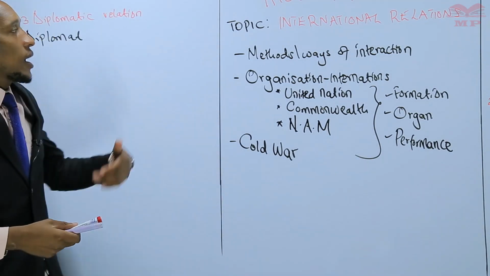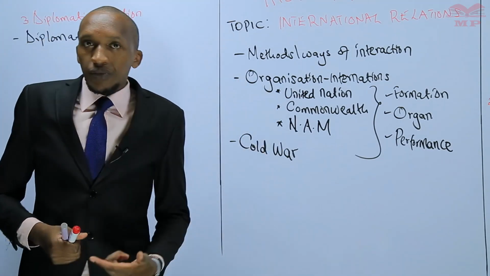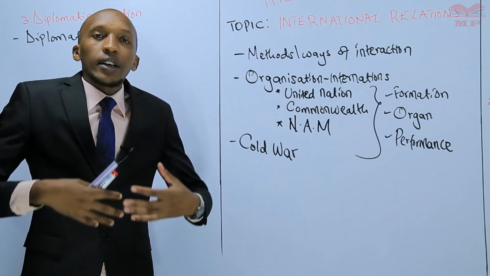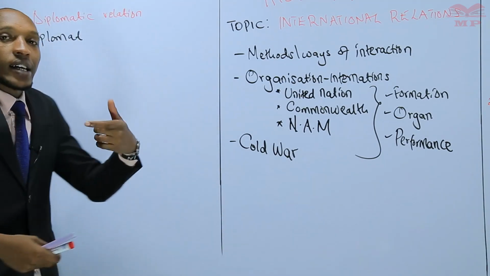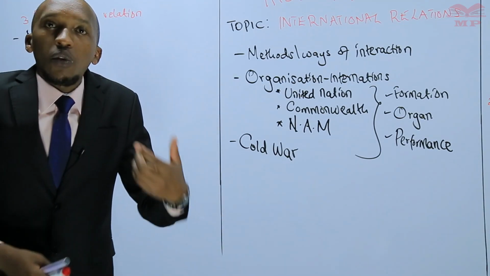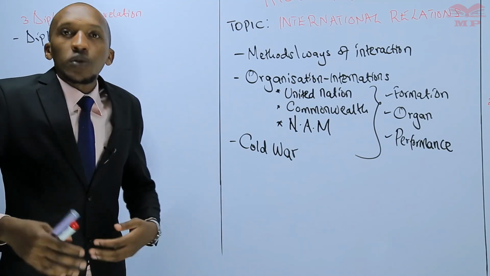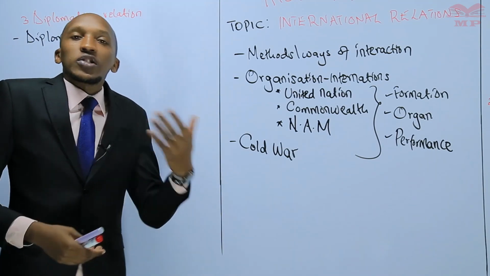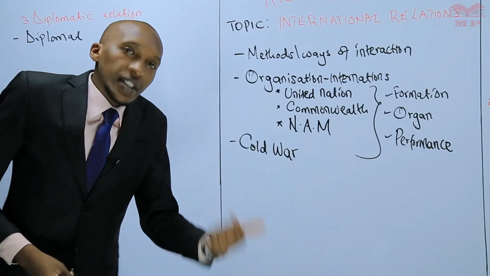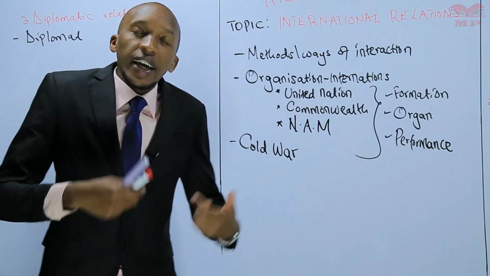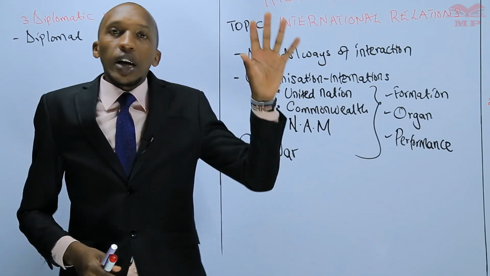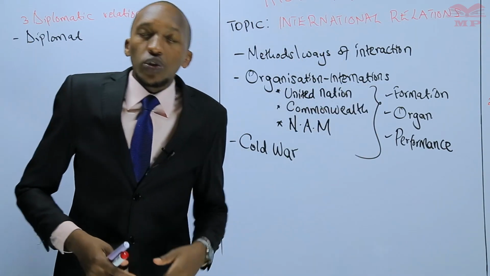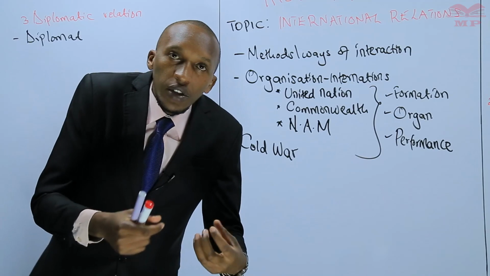So after the World War, nations started sending representatives. Diplomats are representatives of one nation to the other. So you'd find each and every nation striving to have a representative representing the interests of that nation in a foreign nation. So, for example, talk about the nation of Kenya.